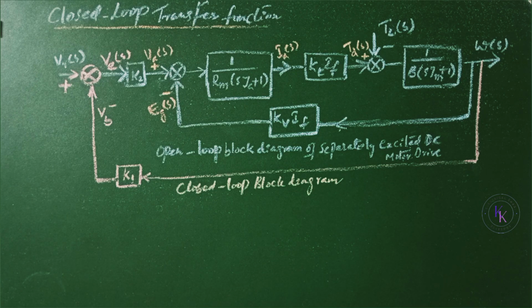Now the closed loop step response due to the change in the reference voltage can be found with the load disturbance TL(S) equal to 0.